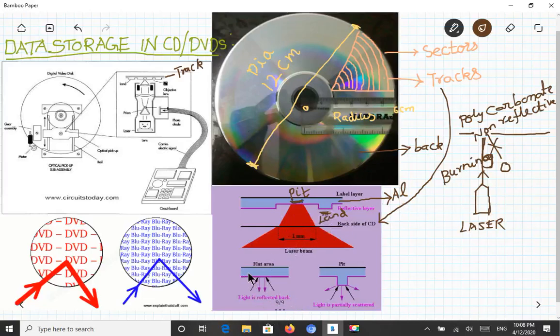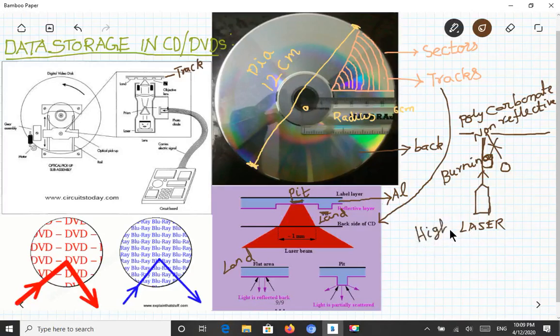Anyway, this flat area we will consider as a land surface, where while reading, the light or laser will get reflected back. For writing purposes, we will use a high beam laser, that is, a high energy laser.